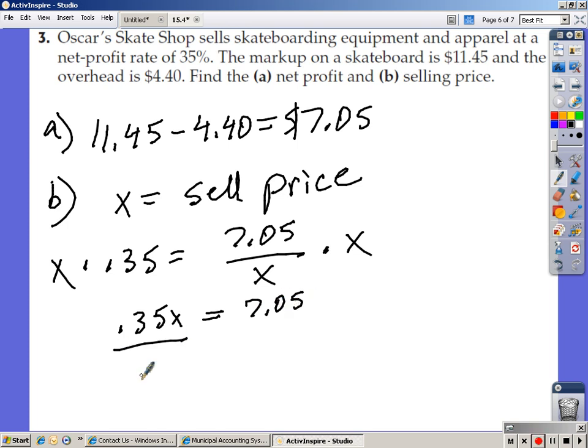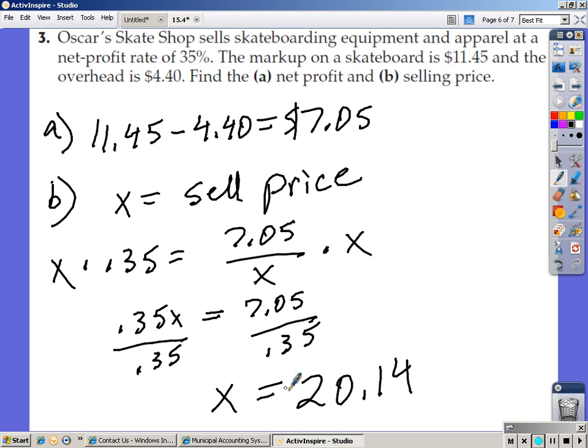Divide both by 0.35. X equals, plug that into your calculator, and you get $20.14. Okay, for a selling price.